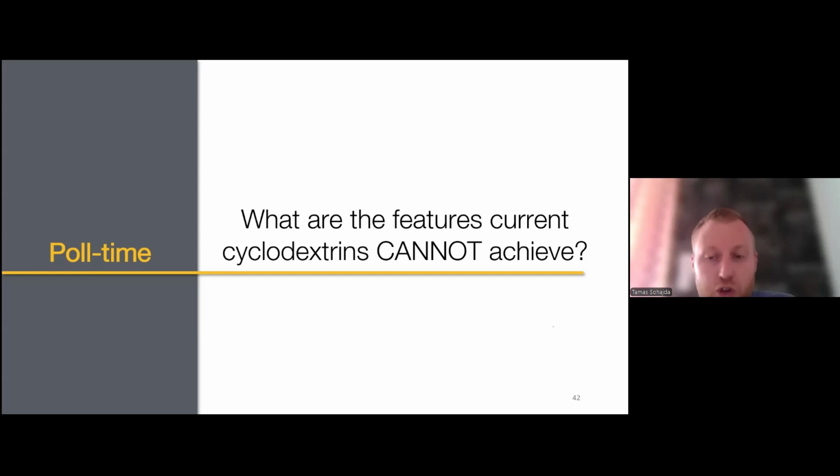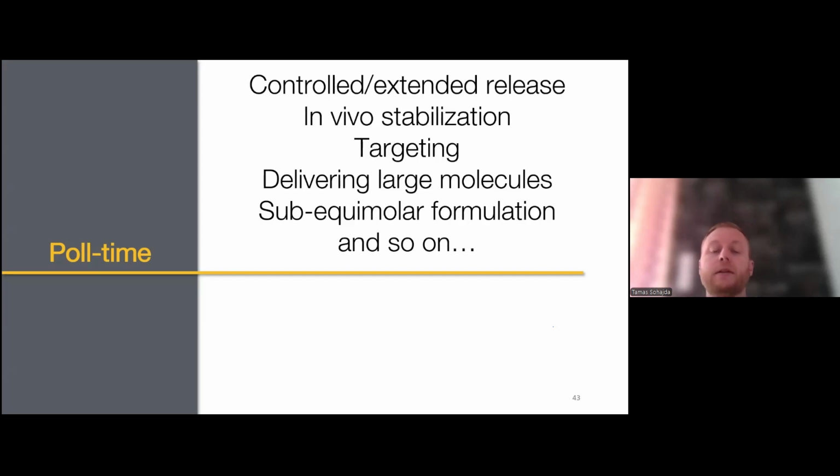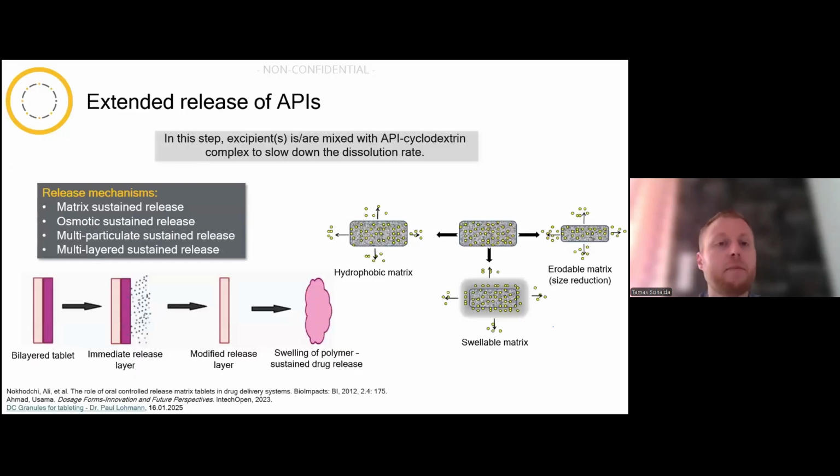So what we cannot achieve with cyclodextrins, there are a few things, but already mentioned, it's extended release, in vivo stabilization, targeting, delivering large molecules, subequimolar formulation, and so on. Let me show you a few examples how to overcome these difficulties with the help of cyclodextrin.